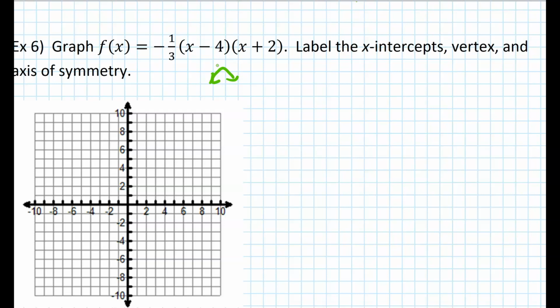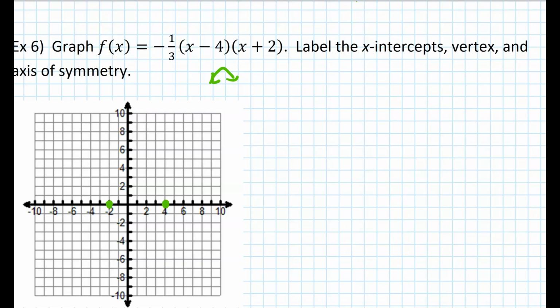What are my x-intercepts? Is it -4? No, it's +4. Remember, it's attached, so it's the opposite sign. And -2. Can we eyeball the axis of symmetry? It's 1.